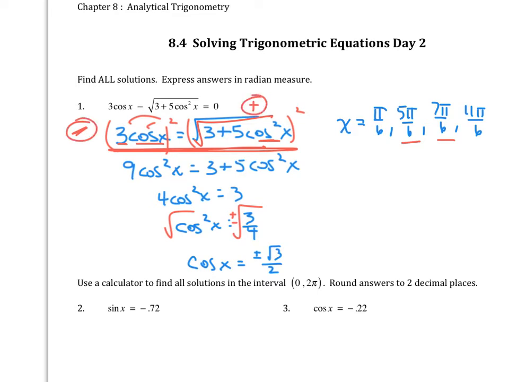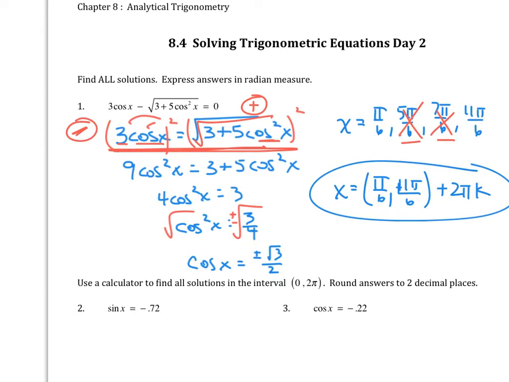Since a negative can't equal a positive, I have to throw these 2 answers out. So therefore, x is equal to pi over 6 and 11 pi over 6 plus 2 pi. Okay. So just be aware, make sure that you're checking your answers to see if they work.